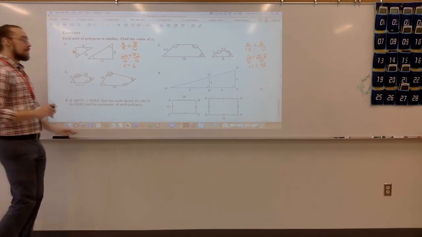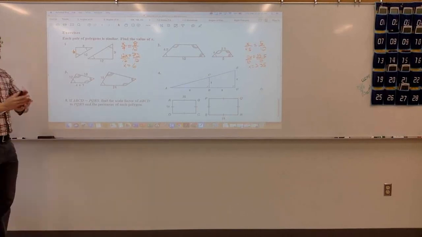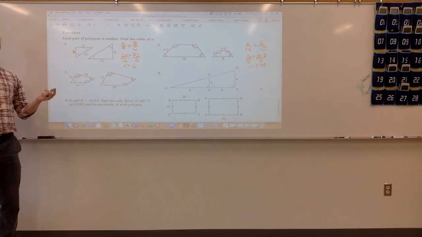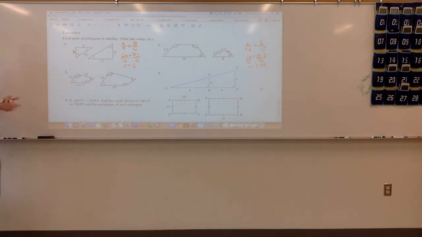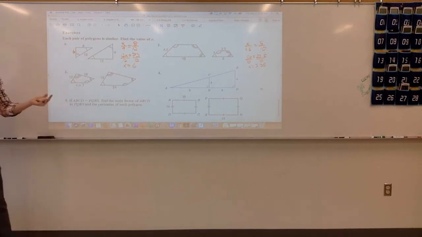All right, let's take a look at number 3 together here. Okay, this one is a very similar setup, but then to solve, there's one slightly different thing that we need to look at. So I'm solving for x. So x is part of an expression for this side.